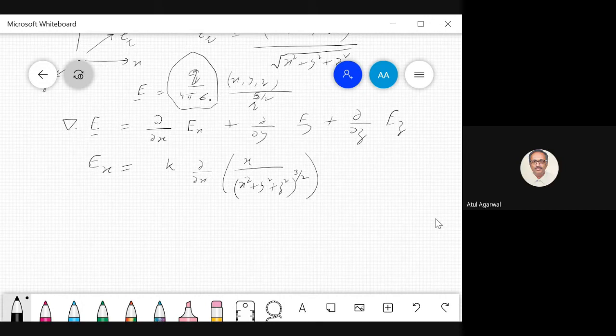So I need del by del x of x by r square into... so it is r to the 5 by 2. So you will say it is 1 upon r to the 5 by 2, minus x upon, now you have to take the derivative of r to the minus 5 by 2.